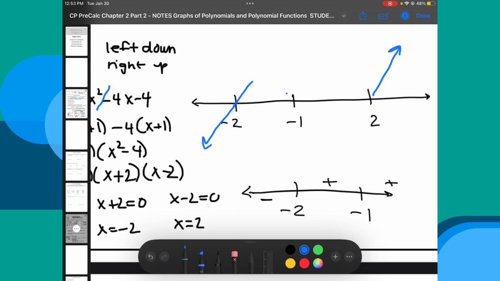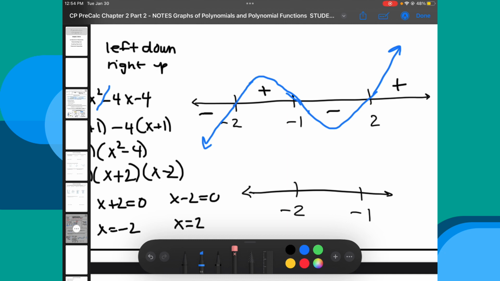I'm also going to need to cross at -1, so I'm going to bring my line down and cross through -1. And since I have a multiplicity of 1 at 2, I'm going to have to cross there as well. So this lets us know that we're under, and then over, and then under, and then over our x-axis. So we can tell where our function is above or below the x-axis.